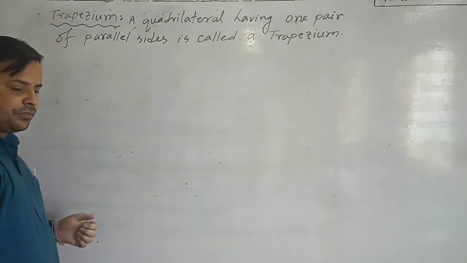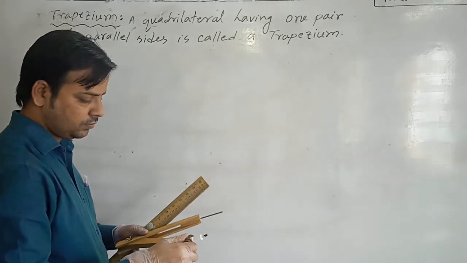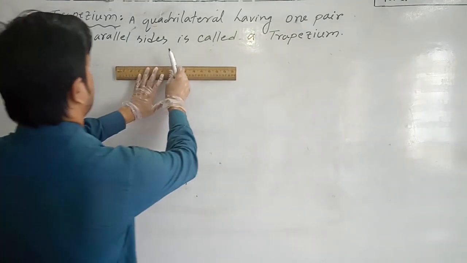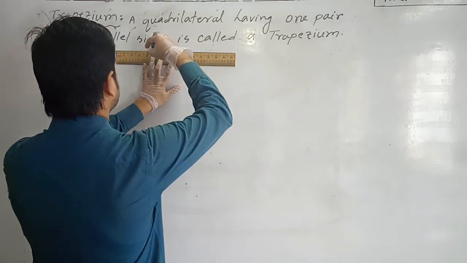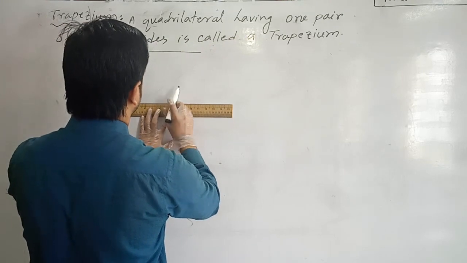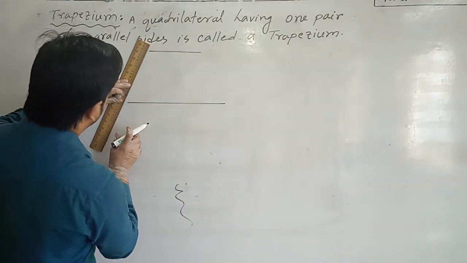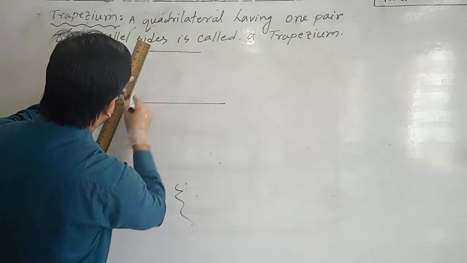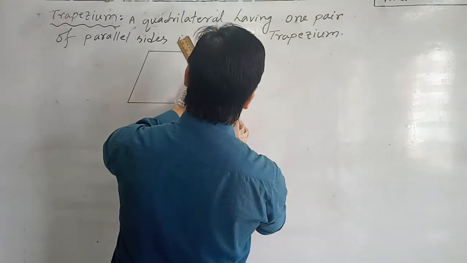Now I'll draw the figure of trapezium. Now join these two lines. Join these two also.